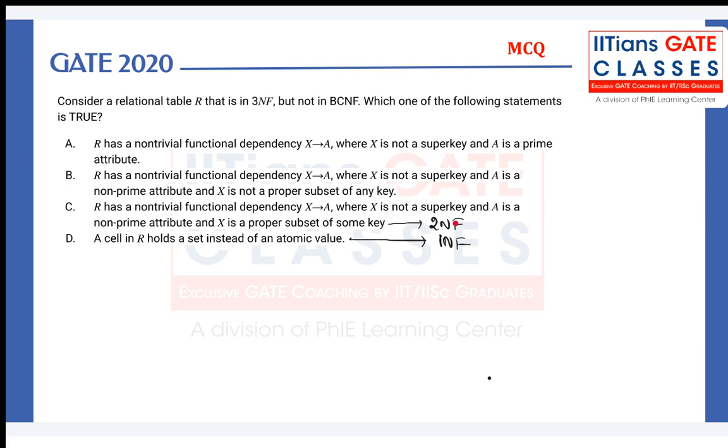Let's say A B derives C, and let's say B derives C. Now let's say B derives D, and there's a relation schema A B C D. Which normal form is this relation in?